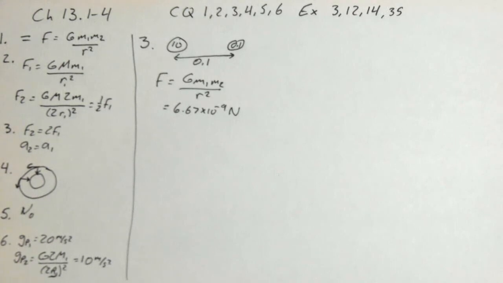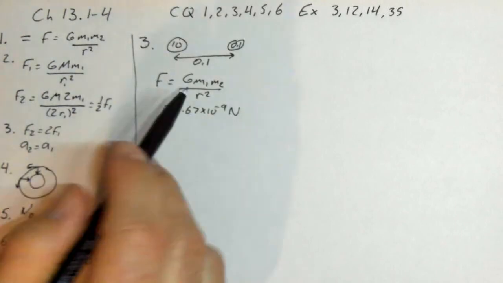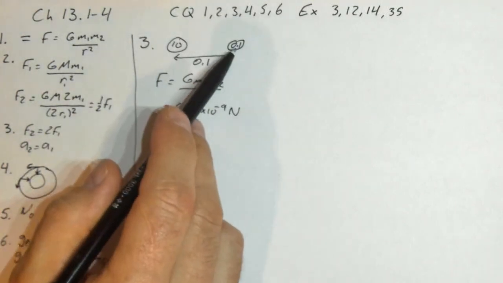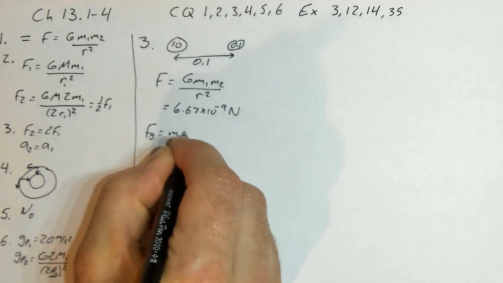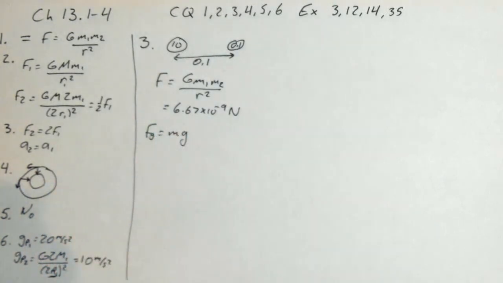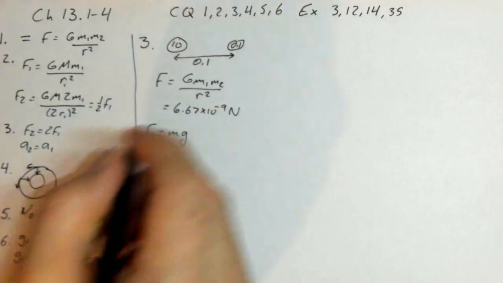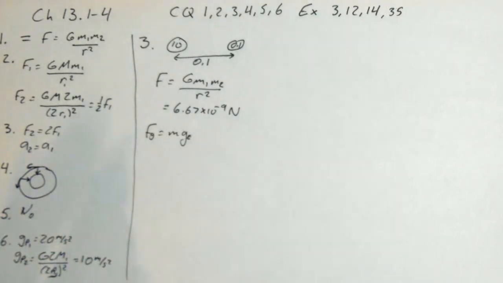Now question 2 is kind of fun to think about. How big is that? The gravitational force on the smaller mass, the 0.1 kilogram mass, is just going to be mg. So Fg is just mg, and g is 9.8, at the surface of the Earth. Technically that would be a g sub e. And what is the ratio?